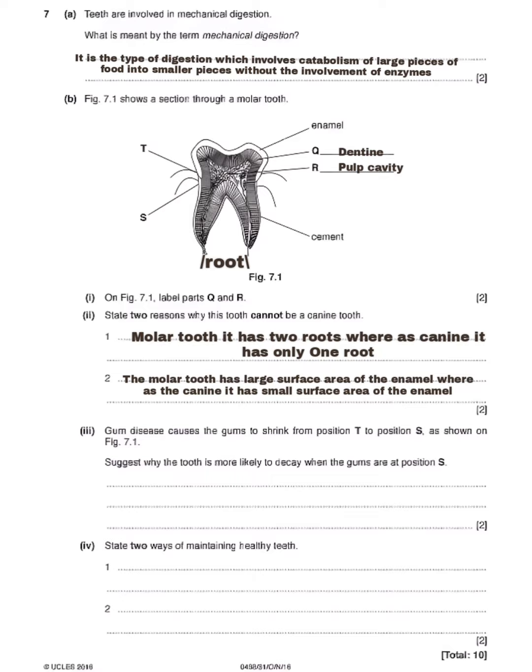Then as for Roman numeral 3, it says gum disease causes the gums to shrink from position T to position S, as shown on figure 7.1. Suggest why the tooth is more likely to decay when the gums are at position S. So the first one, I'm going to say when the gums are at point S, you are going to find that the bacteria is going to form what?